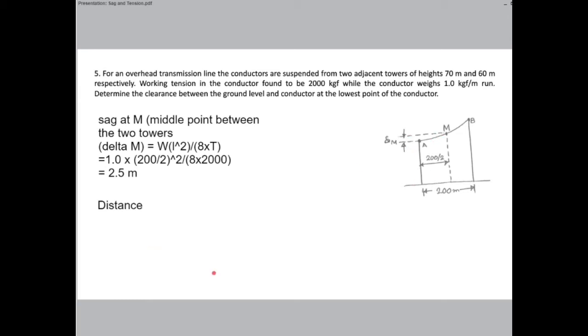So the distance between the point M and ground is 60 plus 2.5, which is 62.5 meters. Did you get it, everyone? 62.5.